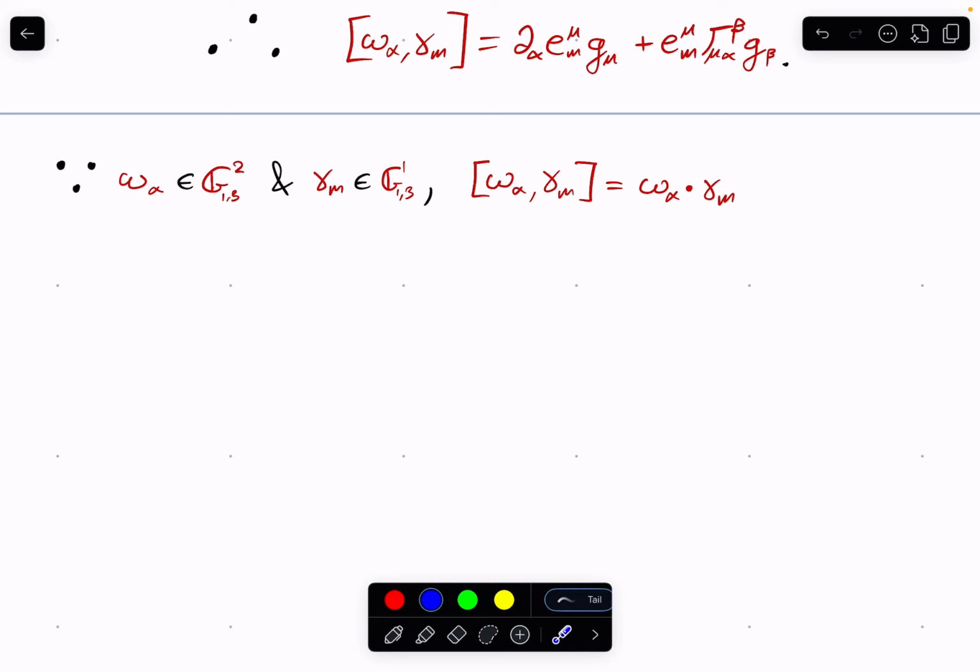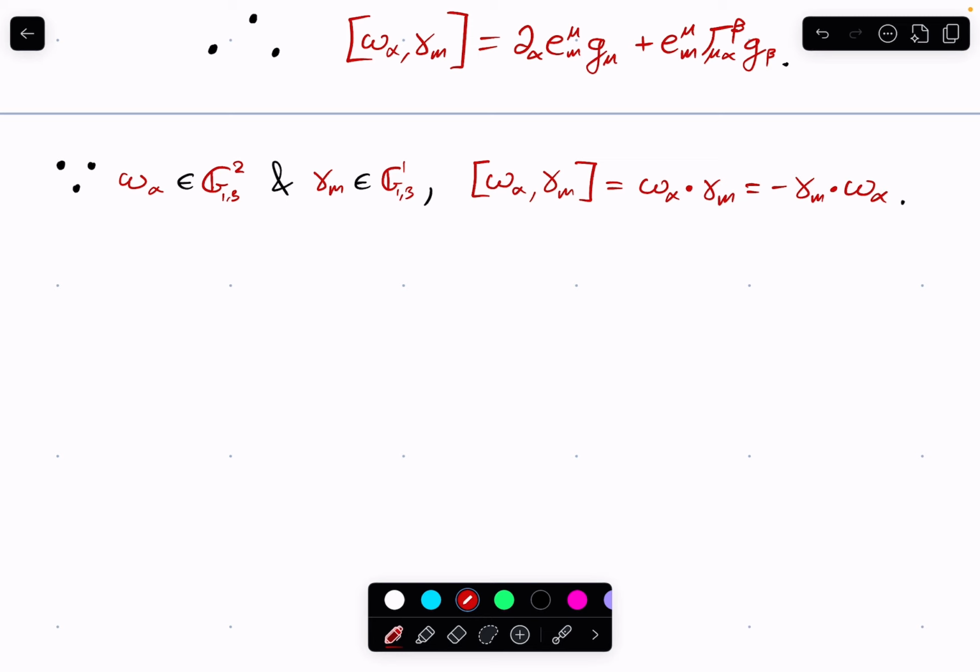Because the commutator of any object returns an object of the same grade. And so this is grade 1, which means that this whole thing needs to be grade 1, and the product of something in grade 2 and grade 1 that returns something grade 1 is the inner product. So this is the inner product here. And it anti-commutes, so we have minus gamma m dotted with omega alpha.